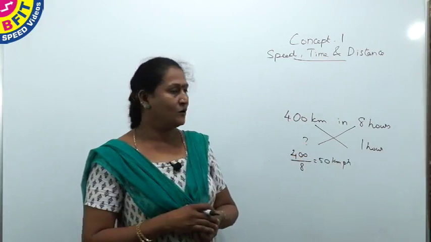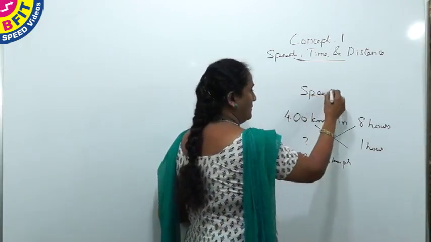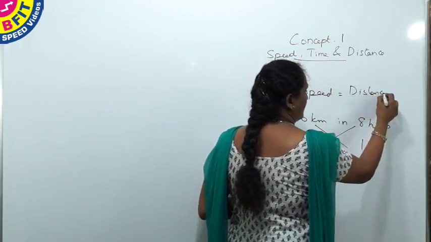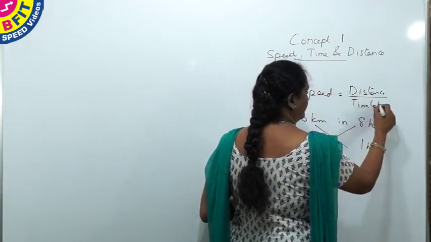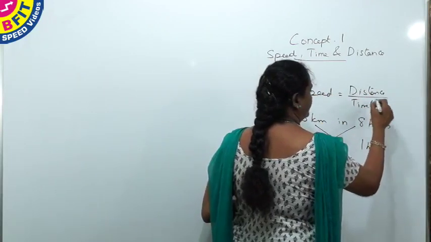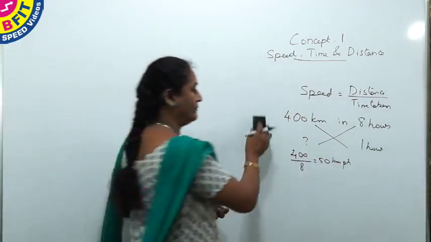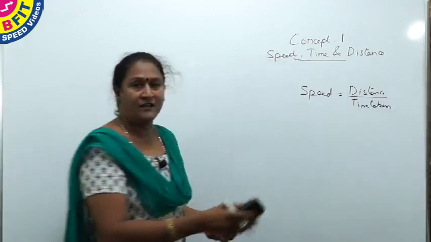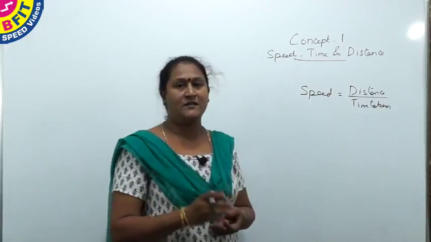So speed is calculated by distance covered by time taken. By dividing the distance covered by time taken, we get the distance covered by the person in 1 hour.